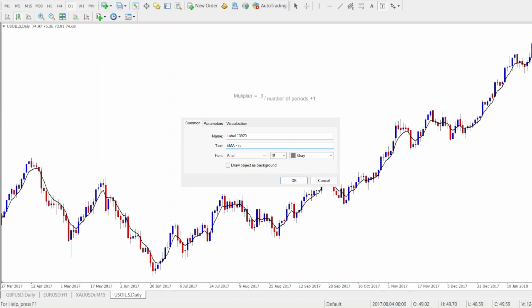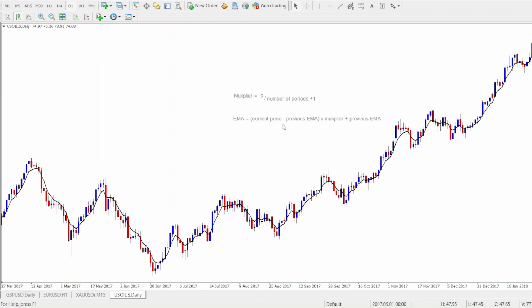So we have the current price minus the previous EMA, multiplied by the multiplier, plus the previous EMA. Okay, so this is the formula.